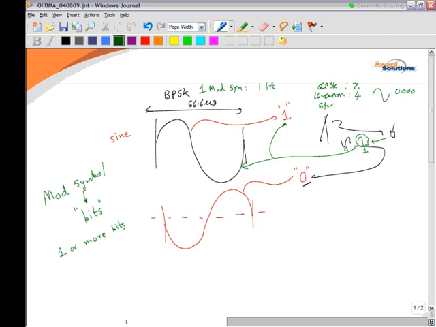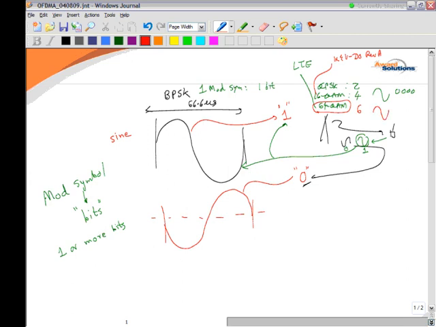64 QAM, that is the highest order modulation in LTE. In EV-DO, this is the highest order modulation that we support, 16 QAM, but in LTE we are moving to even higher order modulation, 64 QAM. 64 QAM modulation represents 6 bits.